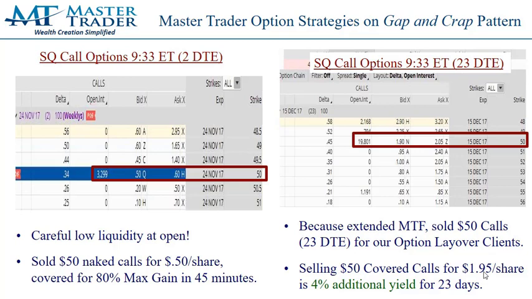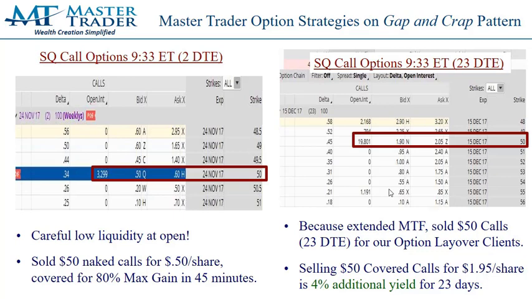For 23 days till expiration, that is an additional 4% yield. And the only slight downside is you're capping your gains at your break even of $51.95. But we've made an extra 4% yield provided the stock doesn't close above $50 in 23 days.